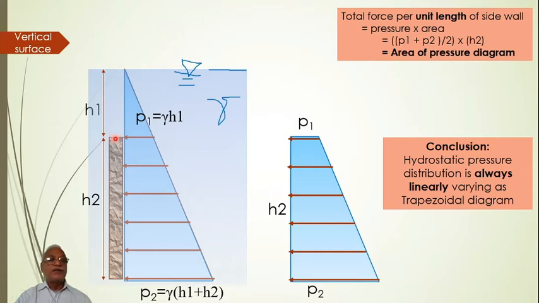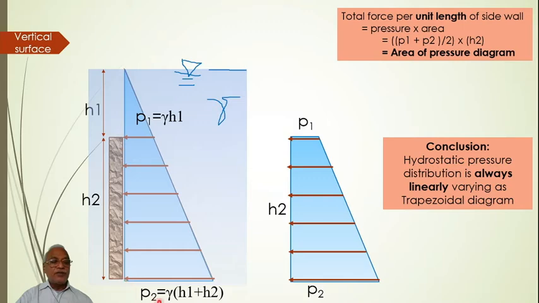The immersed surface is over here, right? In that case, the pressure which will be acting on the top of this will be, say, P1, which is at a depth of H1, so P1 equals gamma into H1.